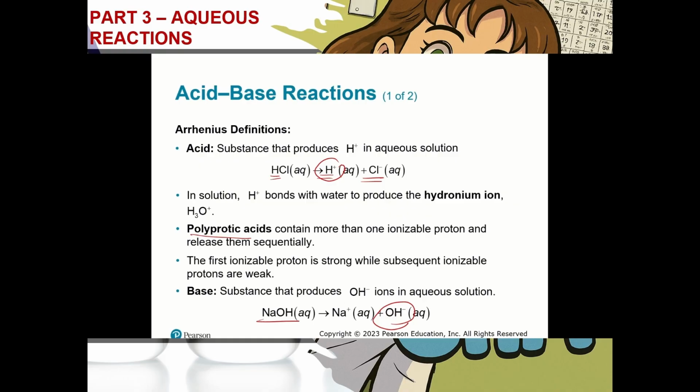The first one that will ionize is strong, while subsequent ionized protons are weak. An example is phosphoric acid. I have 3 protons that can be ionized, so there will be the first one, and then the second one.